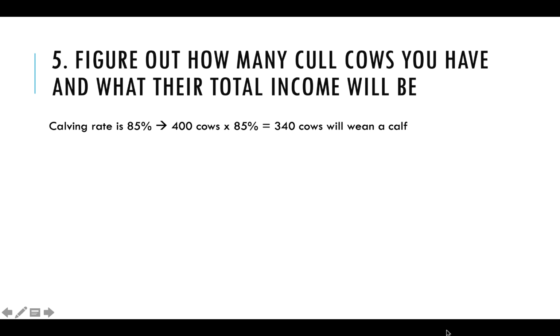So if we take that into consideration, then we know that out of that 400 head of cows, only 85% of them are going to wean a calf. And so that means that we only have 340 calves on the ground. And so of those 400 cows, if 340 of them have a calf, that leaves us with 60 cows that are not going to wean a calf and need to be culled.